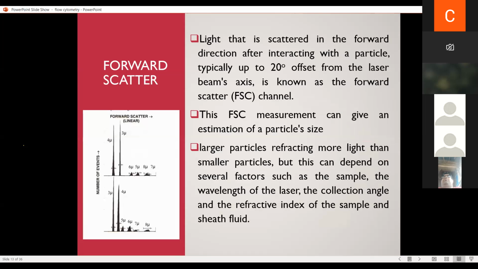We will discuss forward scatter. Light that is scattered in the forward direction after interacting with the particle, typically up to 20 degrees offset from the laser beam axis, is known as the forward scatter channel.